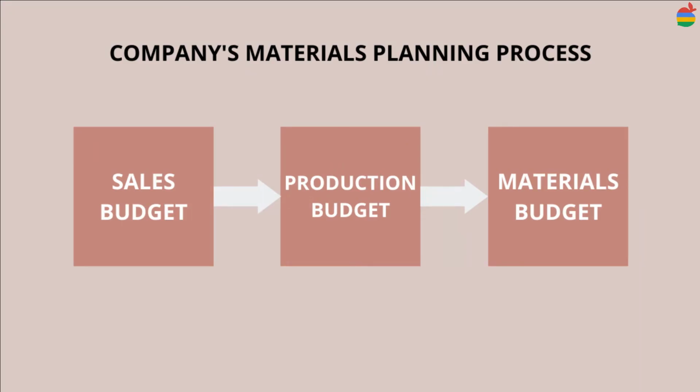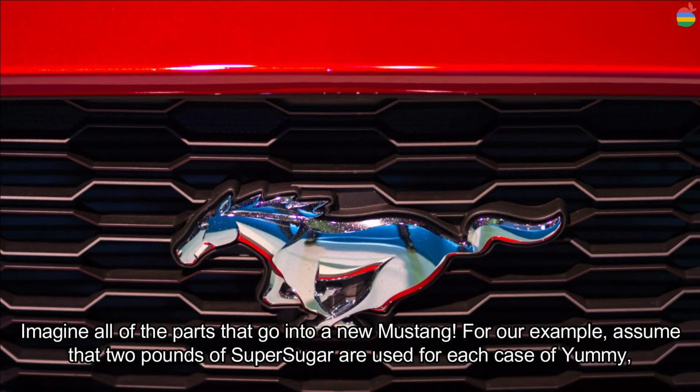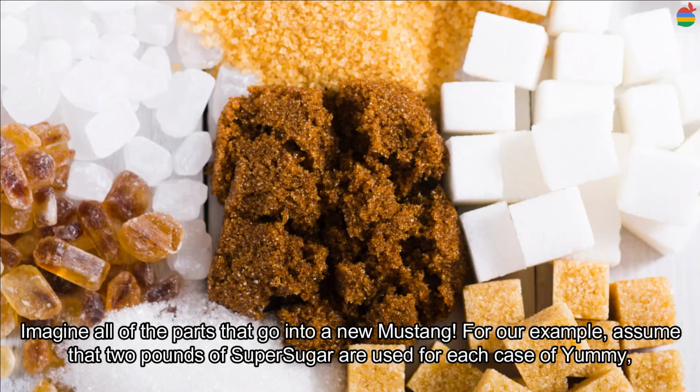After we know the production budget, the next step is to calculate the materials that we must acquire. The manufacturing company will have a record, called the bill of materials, for each product that shows each material component and how much of it goes into the final product. Imagine all of the parts that go into the new Mustang. For our example, assume that 2 pounds of sugar are used for each case of Yummy.